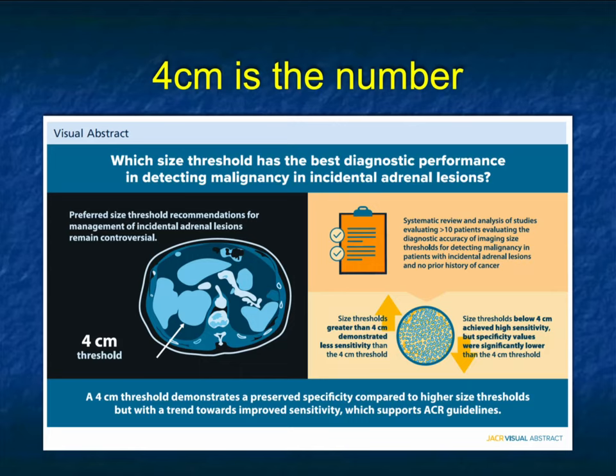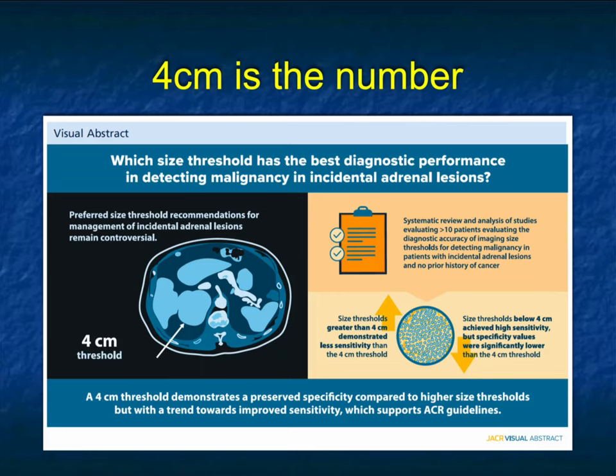In those studies, a size threshold over 4 centimeters demonstrated less sensitivity than that below 4 centimeters. And when you're below 4 centimeters, size thresholds achieved high sensitivity, but specificity values were lower than the 4 centimeters.